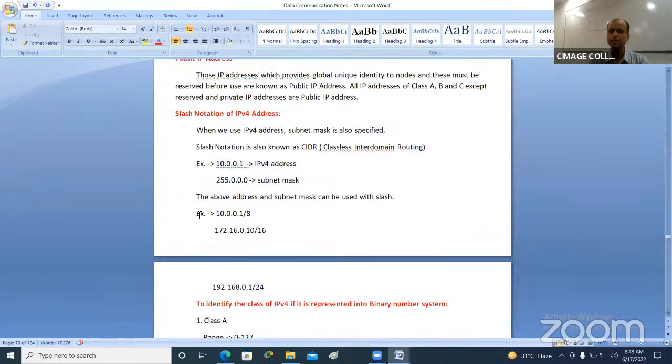Yes, this is the slash notation of IPv4 address. Suppose this is a class A IP address and its default subnet mask will be 255.0.0.0. But if you do not want to use this subnet mask, then we can represent this IP address with subnet mask like this.